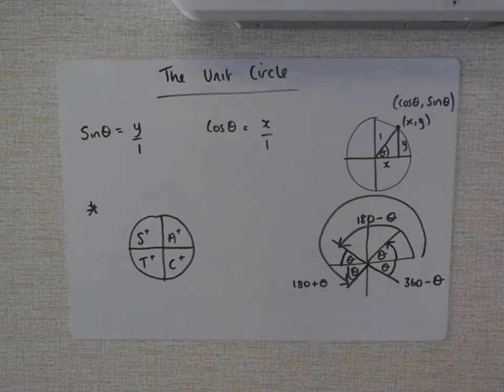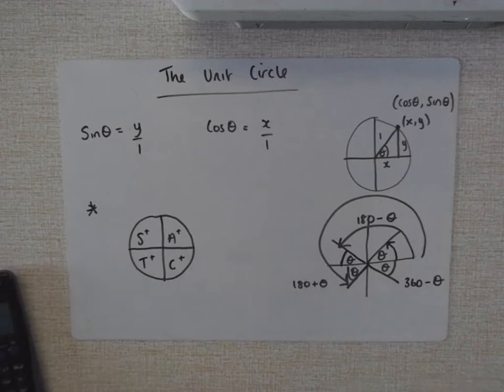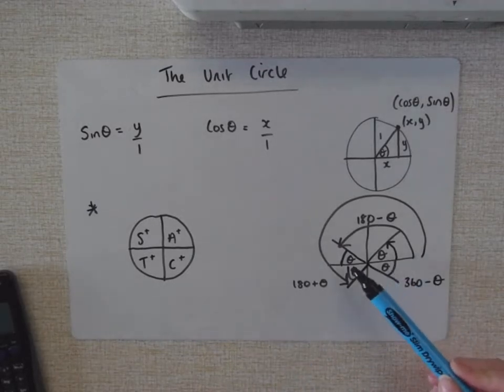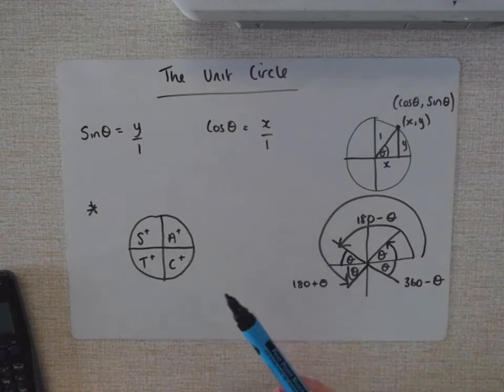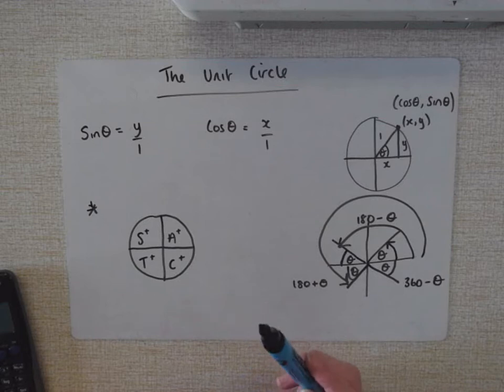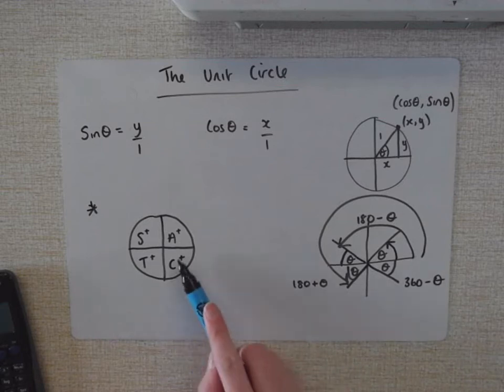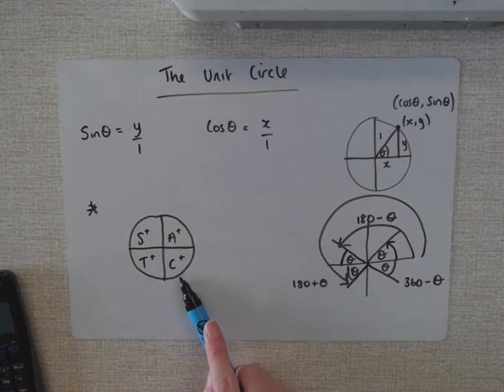So if we're looking for an angle, we can just use our reference angle theta, and the only thing that changes is the sign. This is important that you need to learn. C-A-S-T. Cos is positive down here. Sine and tan will be negative.